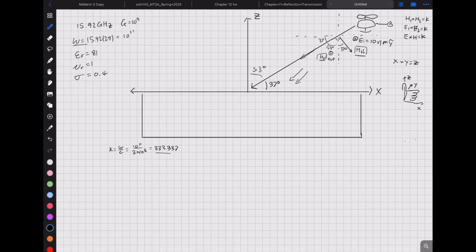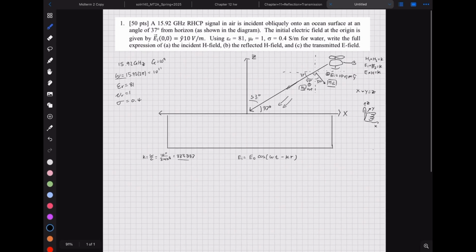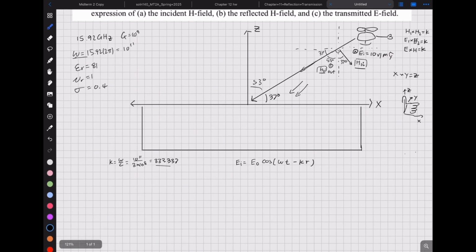Next, we're going to want to be finding the E of I equation. So E of I is represented as E naught cosine of omega t minus k dot r. We have E naught, which is given in the problem, and we need to find this r value going down here.